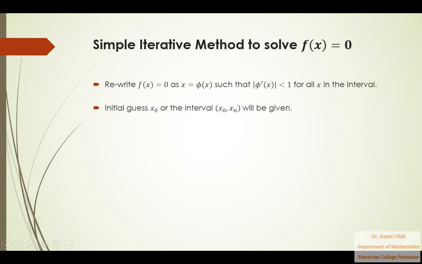Secondly, an initial guess will be given to you, that initially you need to start the question by putting a special initial value which is denoted by x naught. Our interval x naught to xn, in which the solution of this function lies, will be given to you.